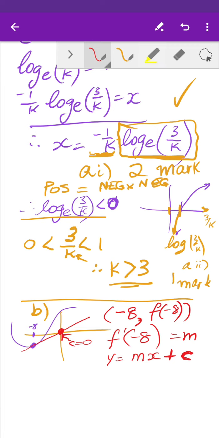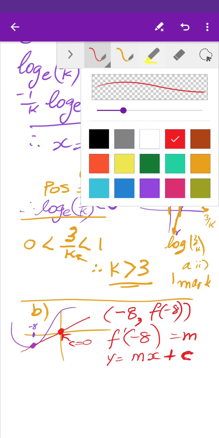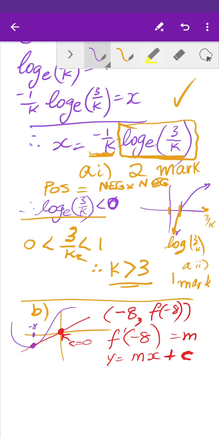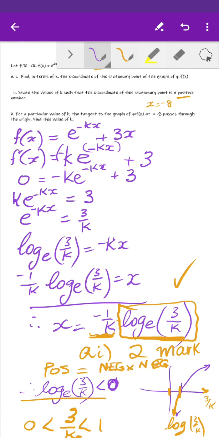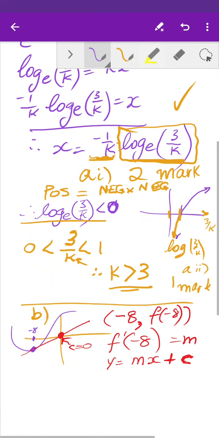Alright, let's find the gradient at negative 8. We've already done that. If you remember from part 1, the gradient is this one here, negative k e to the negative kx plus 3. That's the derivative. So I'll just replicate that.